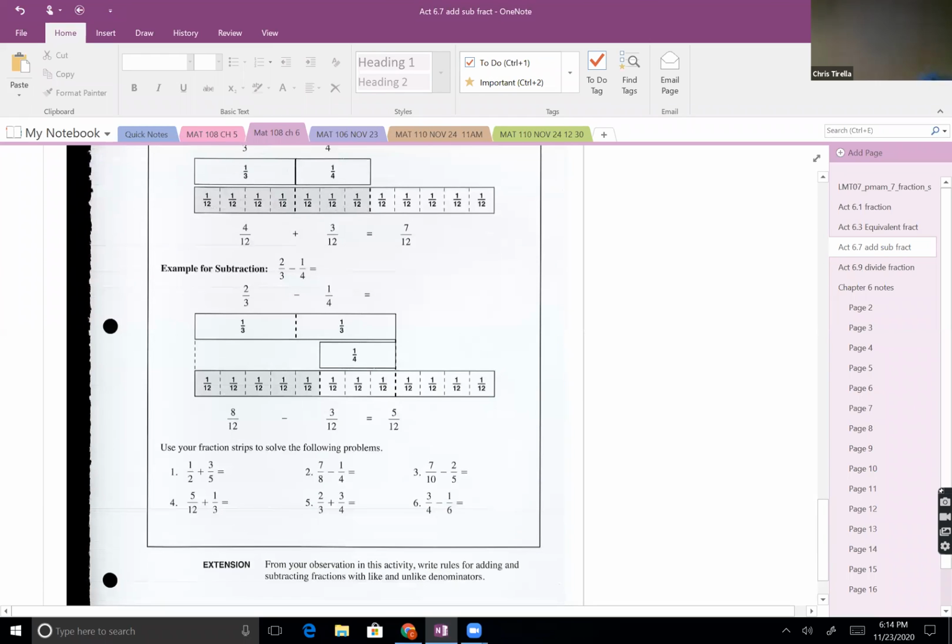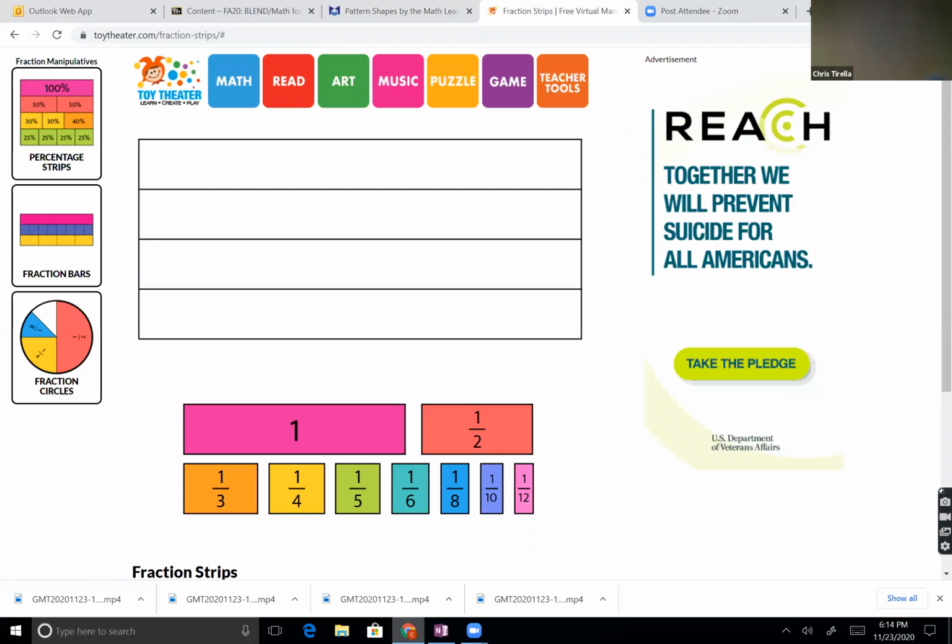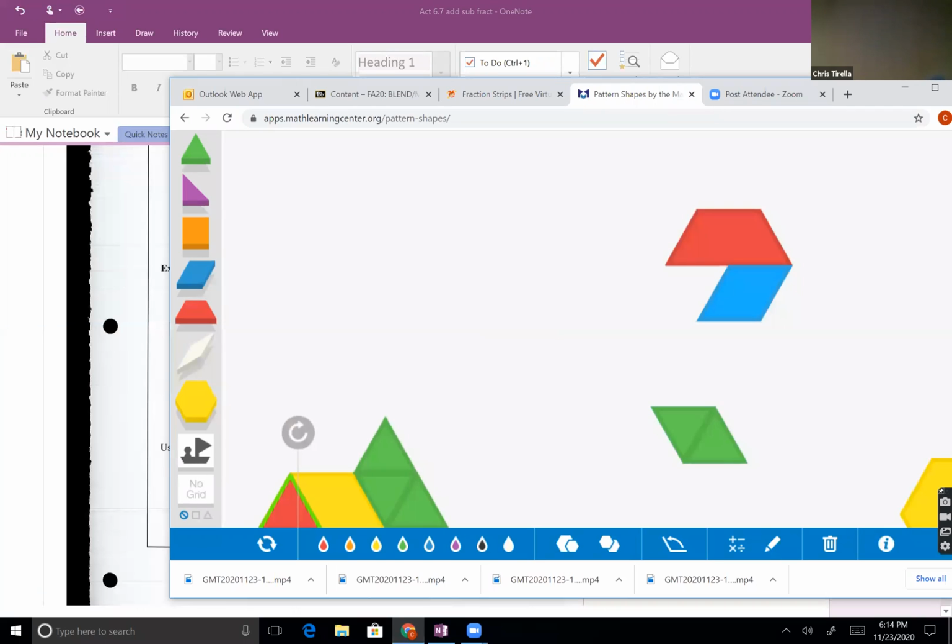And so, again, I have to apologize. I'm not real great with these virtual manipulatives, but I did find a version of the fraction strips.